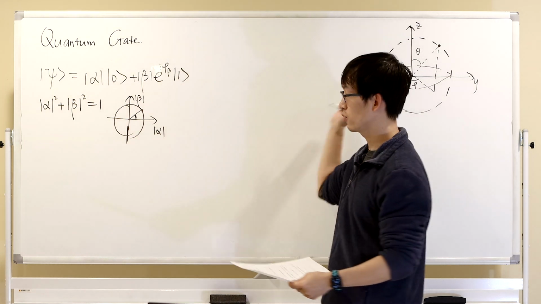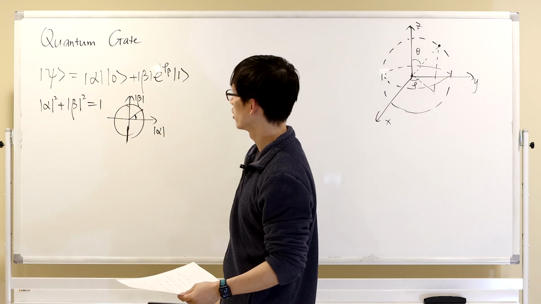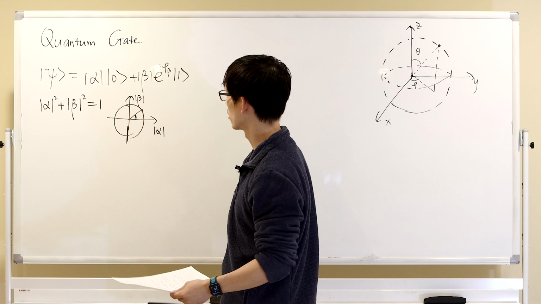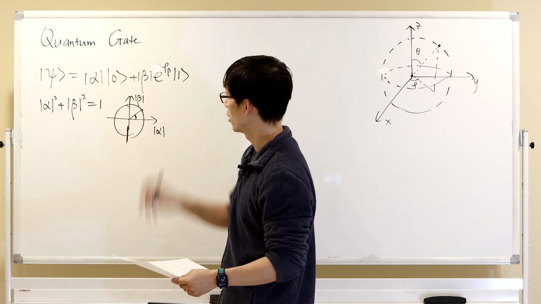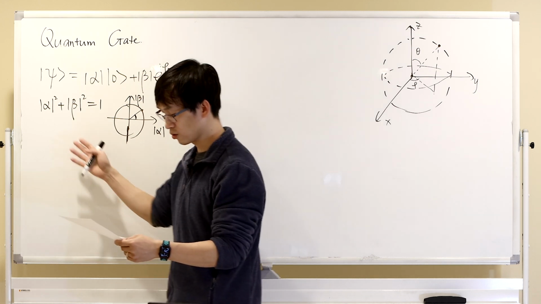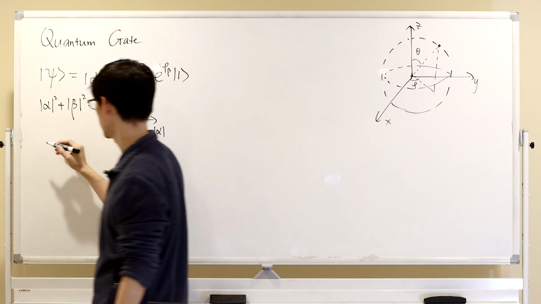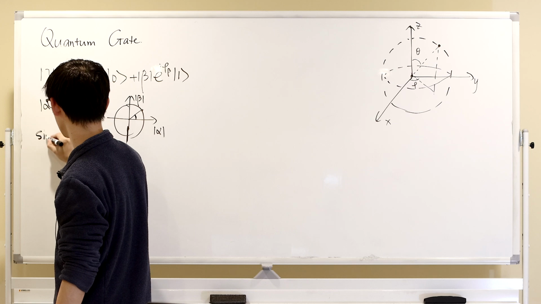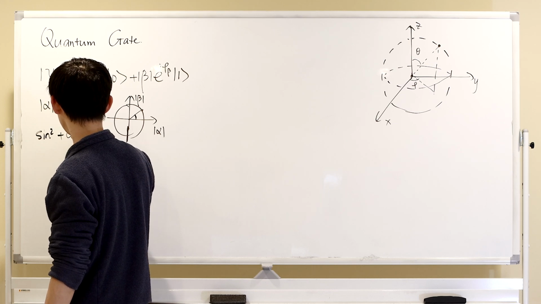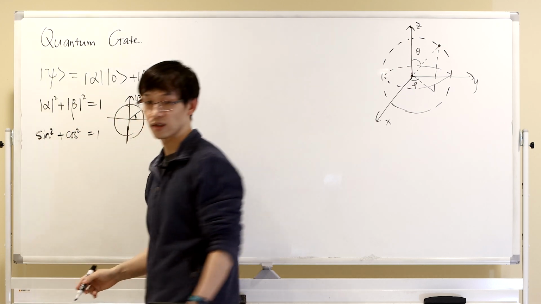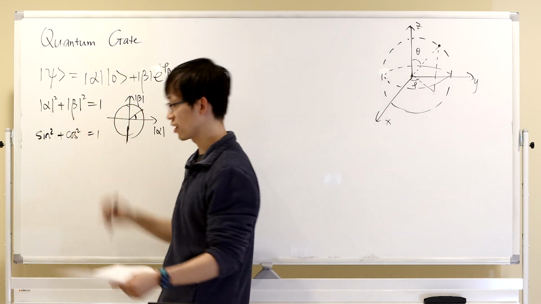Now let's see how we can use this to express our single qubit state. One thing we notice is that alpha squared plus beta squared equals 1, and you can see that this is the same as sine squared plus cosine squared equals 1. So you can use this to express alpha and beta.